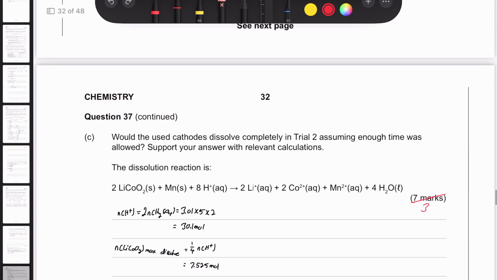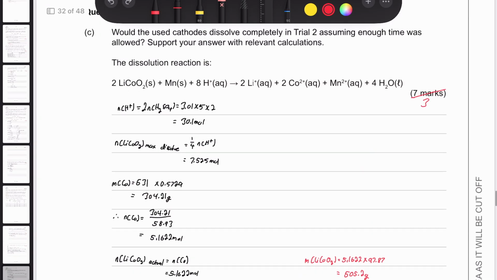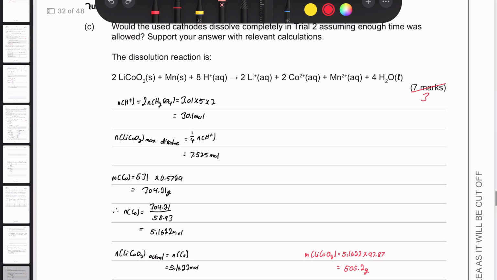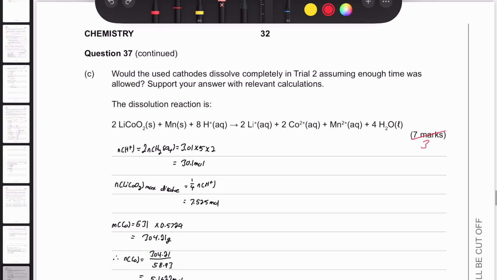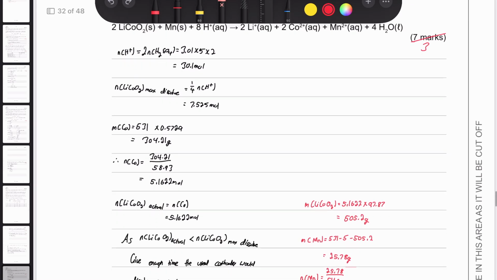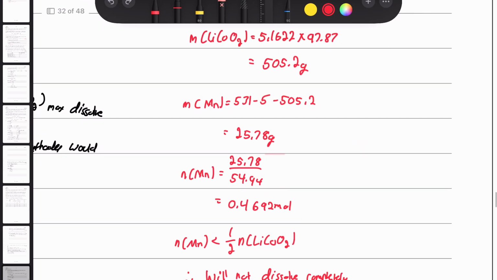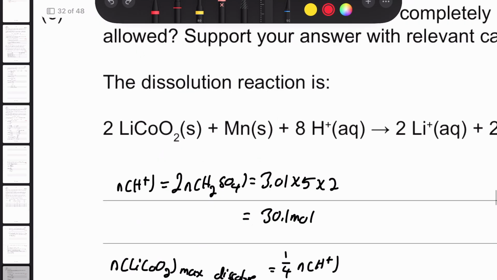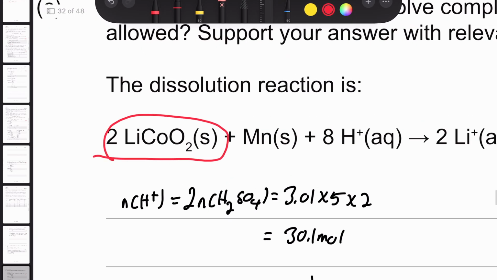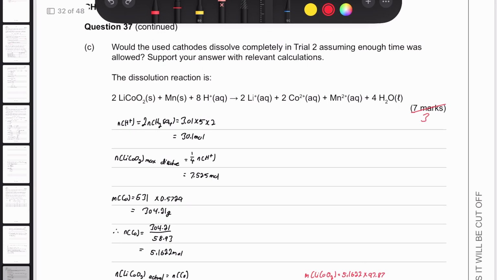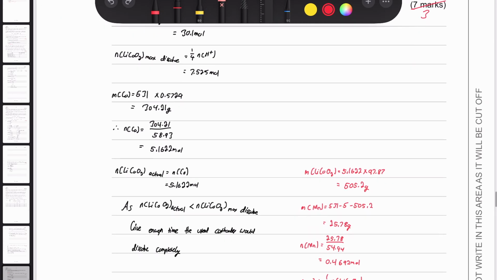It was fine. Here I lost the mark because I misinterpreted the equation. What you actually needed to do was find the number of moles of the manganese and then show that it's a limiting reactant for the lithium cobalt oxide instead of doing it with the H plus aqueous ions.